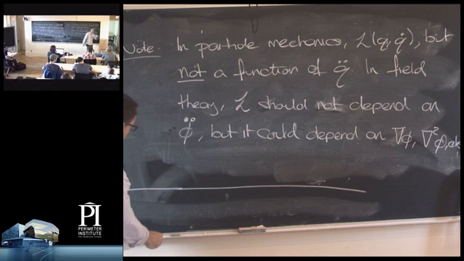Is that the question you asked? So why can't the Lagrangian density depend on phi double dot? Basically, it's the reason that you need two initial conditions, the initial position and the initial momentum, in order to dictate the rest of the motion of a particle, or indeed of the field.